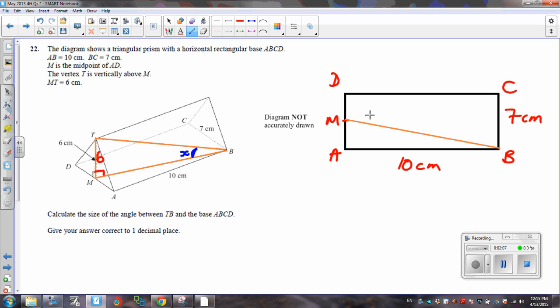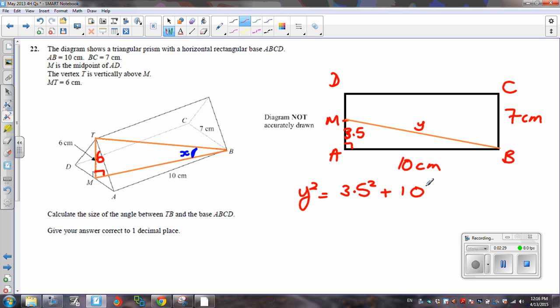So to find MB, what I've realized is if this is 7 centimeters from here to here, then it's only 3.5 centimeters from A to M. So I can use Pythagoras directly in this right angle triangle to find the hypotenuse. Let's call it Y. So by Pythagoras, the hypotenuse squared, Y squared, is equal to 3.5 squared plus 10 squared.